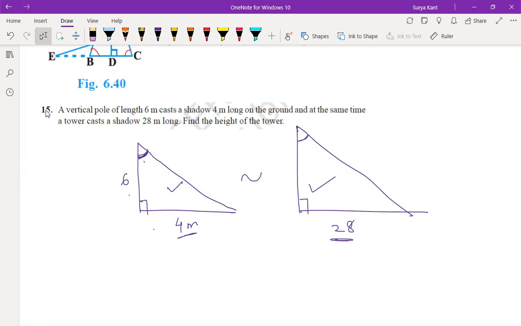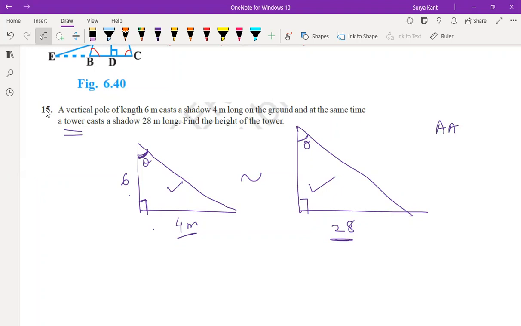So here the angle will be the same for both cases. And any pole or any normal tower, the angle is 90 degrees only. So by AA similarity, first of all, both triangles are similar.